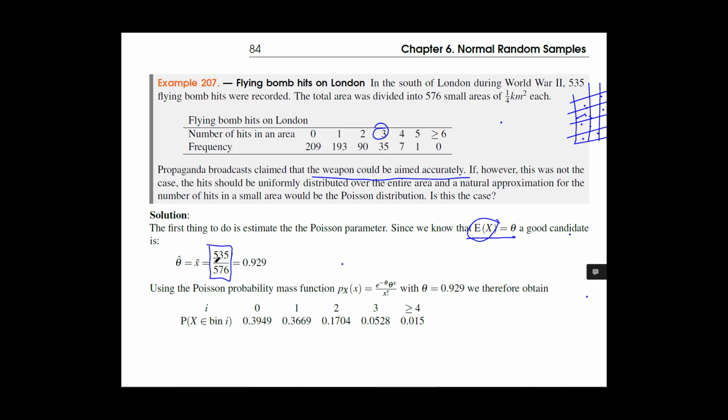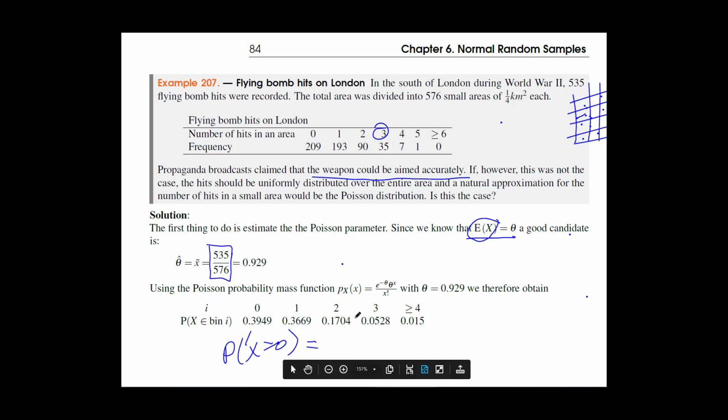Okay, with that, we construct the expected probabilities, or expected numbers. We start with the probability: P(X = 0), because 0 is the bin, I mean 0 bombs in the square.